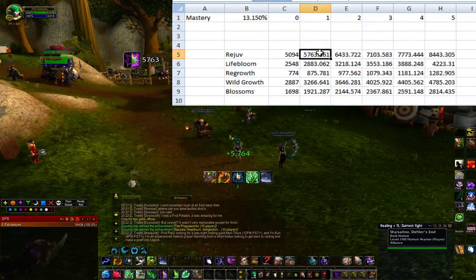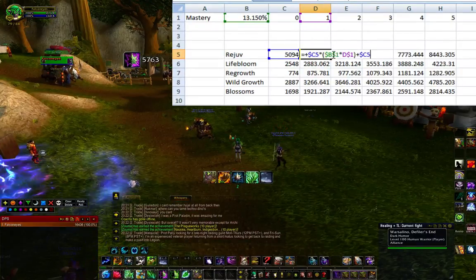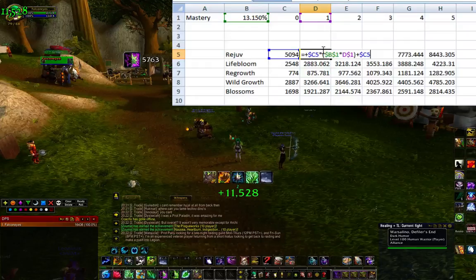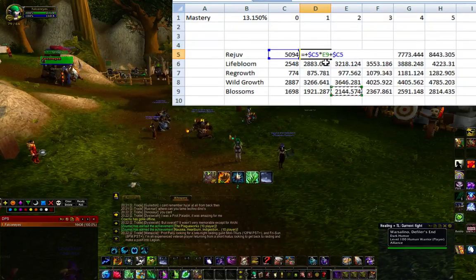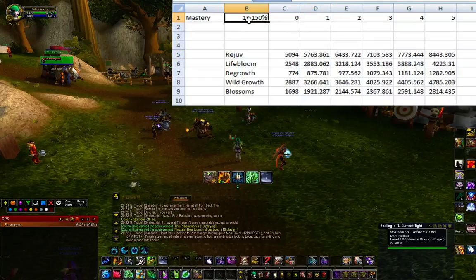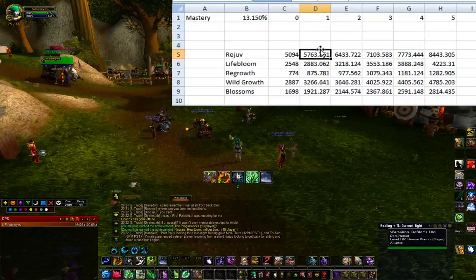If you look at the actual formula here, I'm not sure, did I put the formula there? Okay, my formula shows B1 here, 13.15%, times the number of hots, which is the D1, right? And that's in parentheses, so that gets taken care of first. So it's calculating the percentage bonus first, multiplying it times the original value, and adding it to the original value.